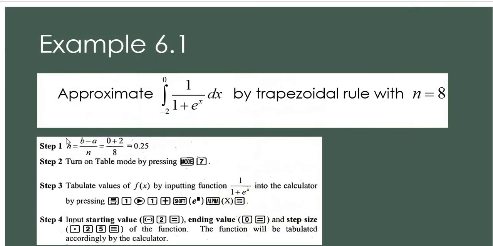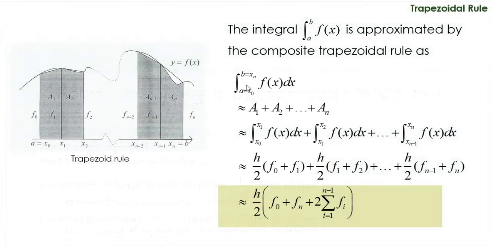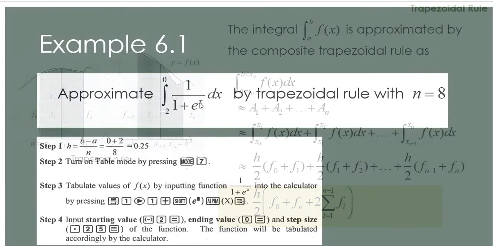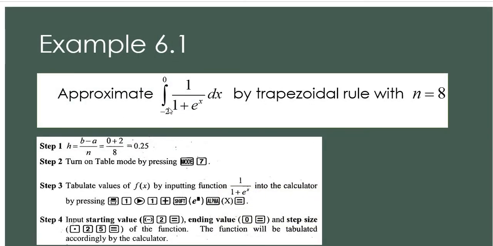In order to find the h, we will use this formula. H is equal to b minus a divided by n. If you refer to this question, you can see that this is our a and this is our b. Take this value: b is 0, just put it here, and a is minus 2.